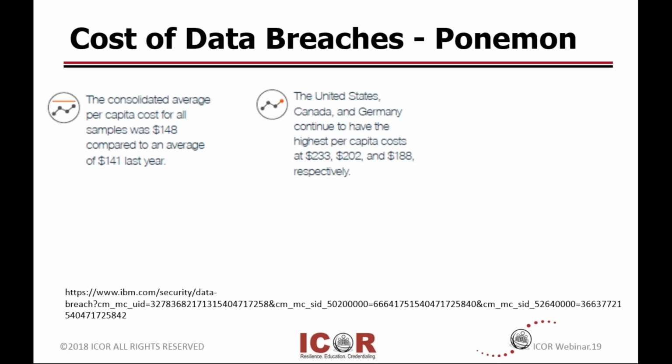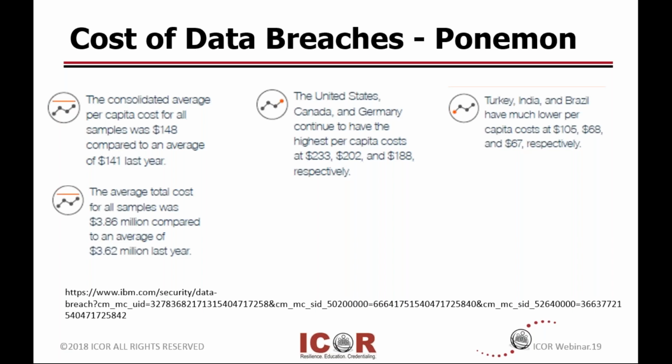The United States, Canada, and Germany continue to have the highest cost per capita, which is really interesting, from $233 to $202 to $188, respectively, and Turkey, India, and Brazil have a much lower cost. And I don't have the answer for why that is. It wasn't provided. The information was just shared. Note again that our total cost is going up from 3.62 last year to 3.86 million this year.